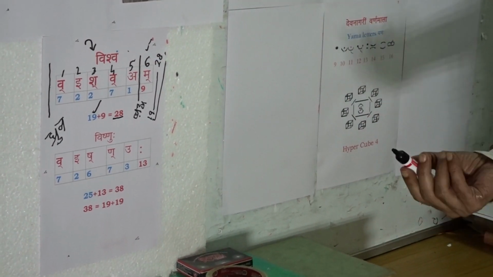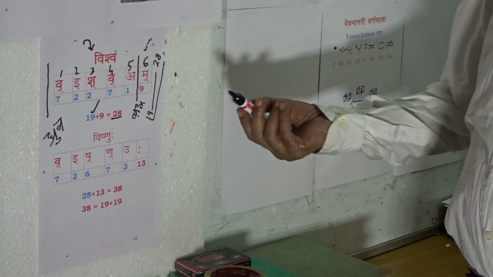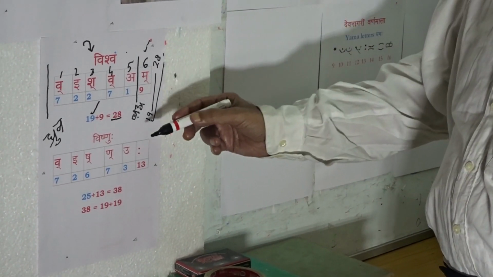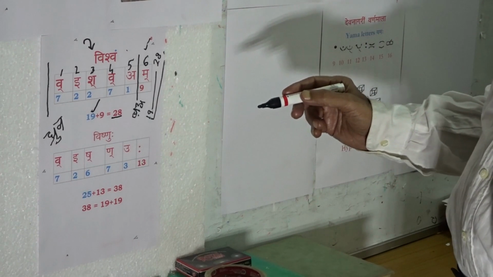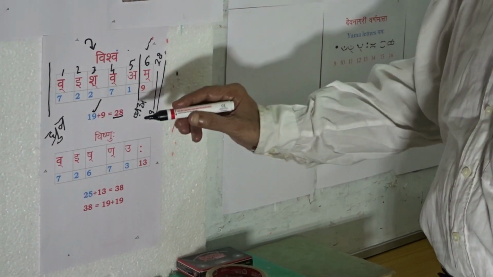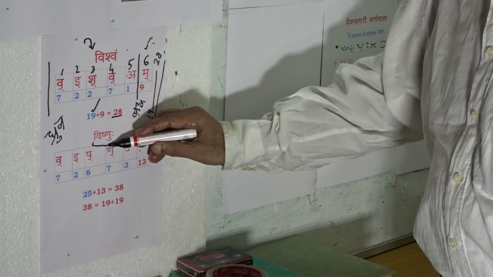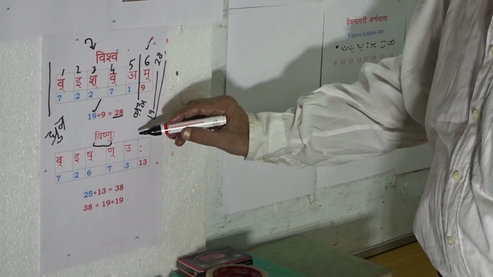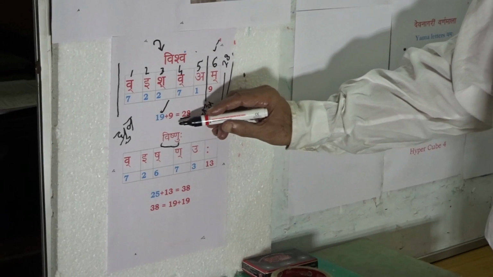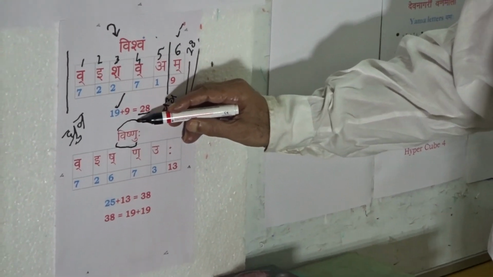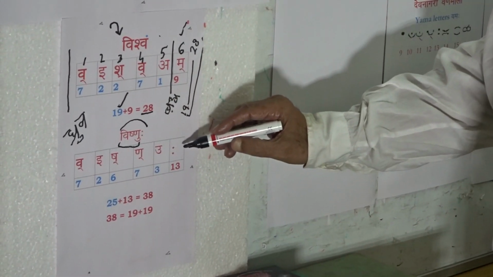The second formulation, the second transcendental name, the self-referential designation of Lord Vishnu is Vishnu. This formulation Vishnu as well is a scripture of 5 letters, and it is being availed as Vishnu, which is of 6 letters.